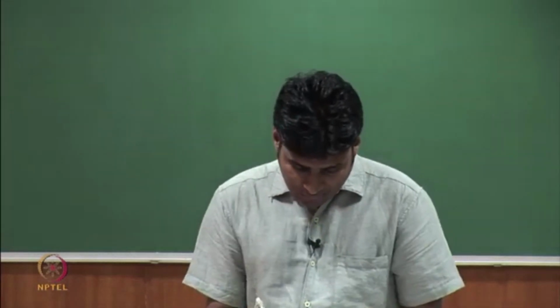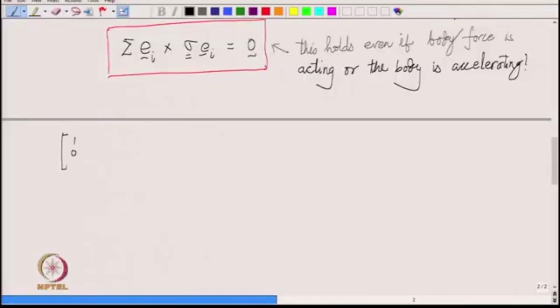So, we get 1 0 0 cross sigma E 1, and sigma E 1 is simply going to give me the first column of sigma matrix, which is sigma 1 1, then tau 2 1 and tau 3 1. Okay.